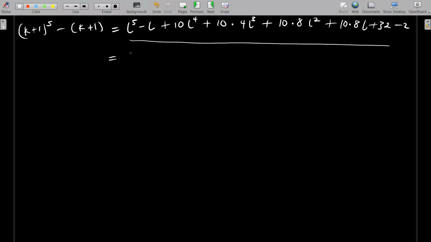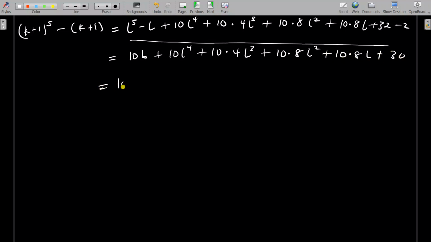So L^5 minus L is 10 multiplying b, plus all these terms have 10 multiplying them, right? 10 times 4L cubed plus 10 times 8L squared plus 10 times 8L plus 30, right? So this is 10 multiplying everything here: b plus L^4 plus 4L^3 plus 8L^2 plus 8L plus 3.